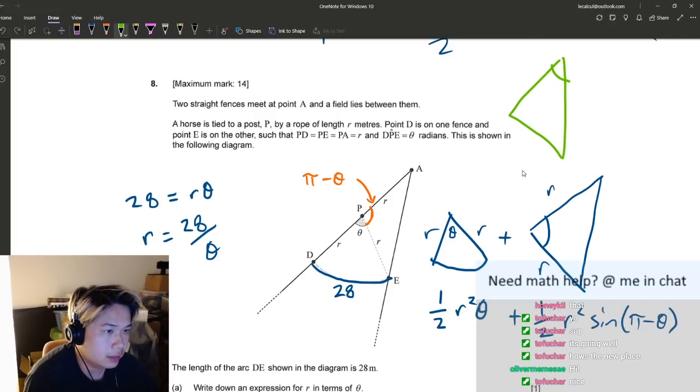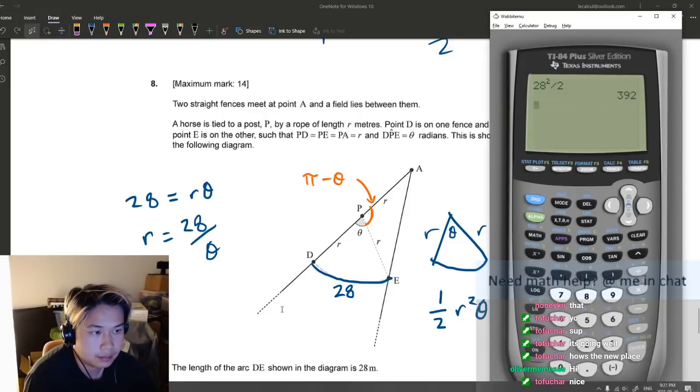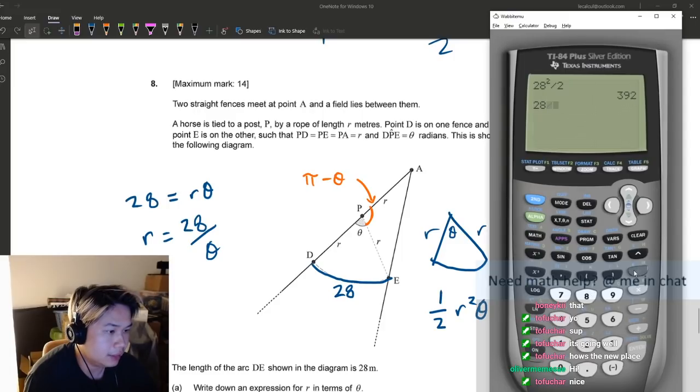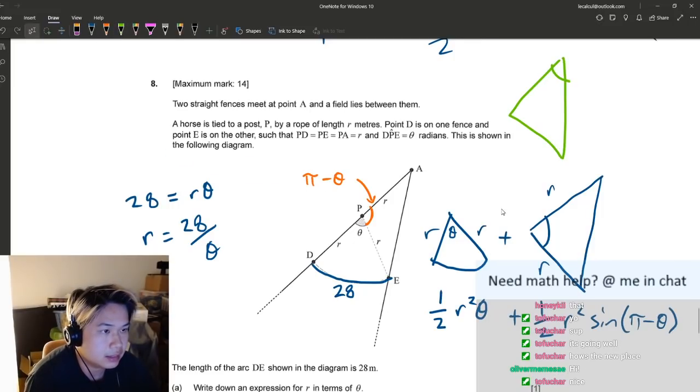You know R because it's 28 divided by theta, and theta is 1.44. So 28 divided by 1.44, which is 19.4. So this is 19.4, and this is 19.4.